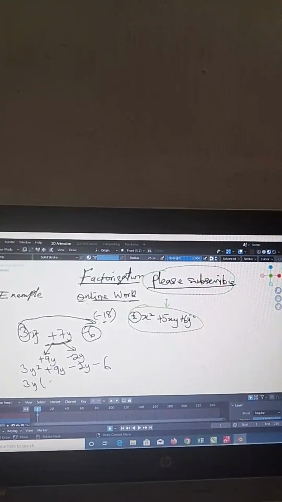What is left is y plus 3. What is common? Minus 2 is common. Then what is left? Y plus 3. So what is common here? That is y plus 3. And what is left? 3y minus 2.